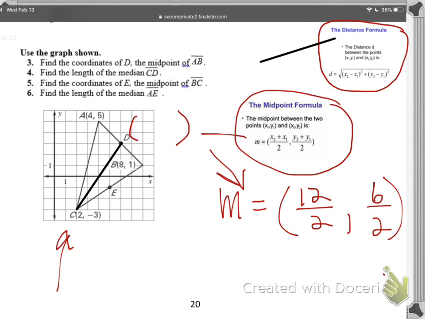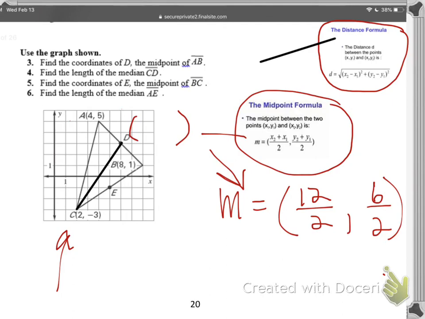Then you add y2 minus y1 and square that. Then you take the square root of its sum. We have done this before, so I want you to practice doing it now and tell me how long this median is.